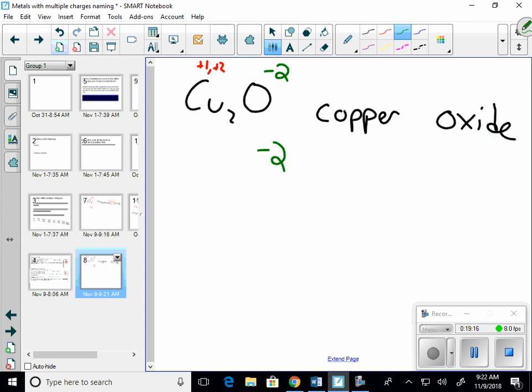So what must the charge of each copper be in order to balance out that -2? 1. Because if each copper was a +1, I have 2 coppers that are +1, you would balance out 1 oxygen with a -2 charge. This is copper 1 oxide.